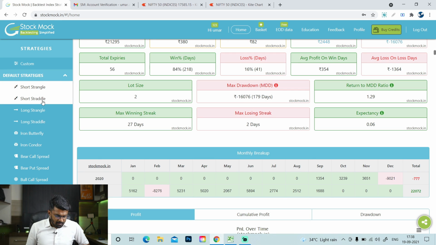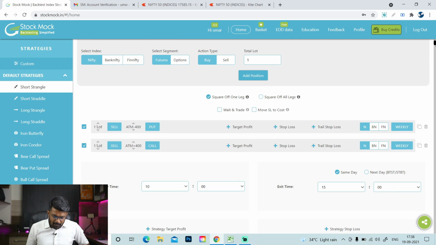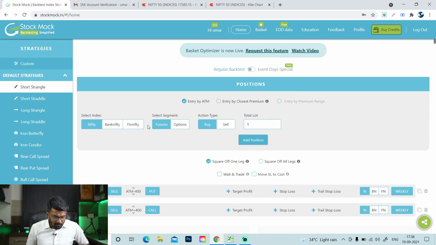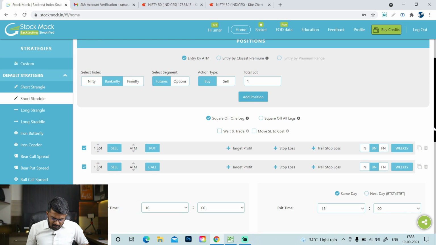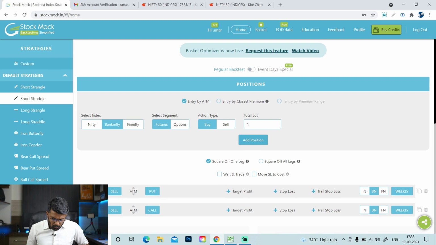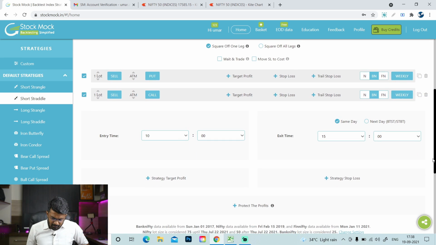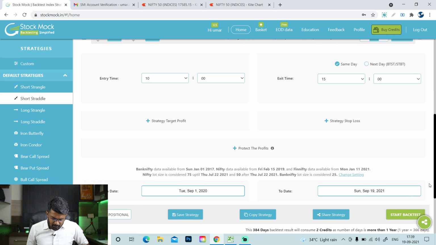So short Straddle I have done. And the interesting part is Bank Nifty is super volatile, and we will try that on Bank Nifty. So we will do a short Straddle in Bank Nifty, and let us see how that works, right? Same leg, one lot I am selecting, and let us see how it is performing.